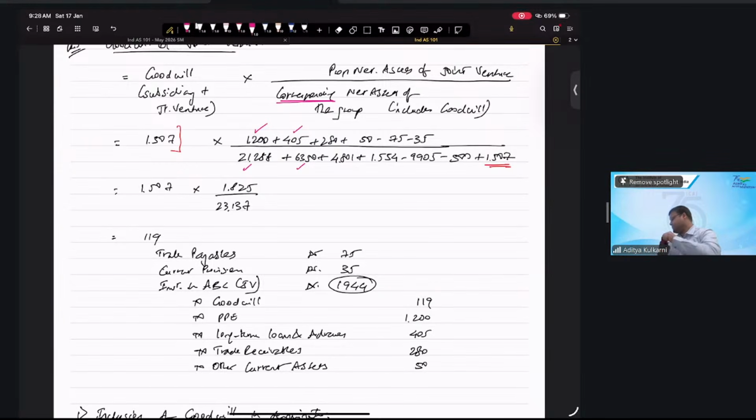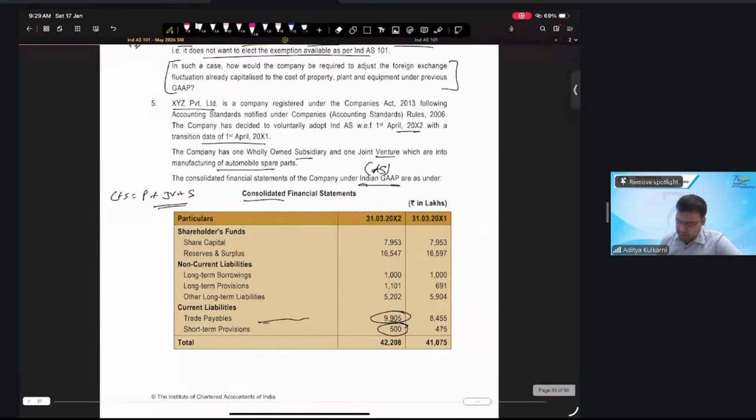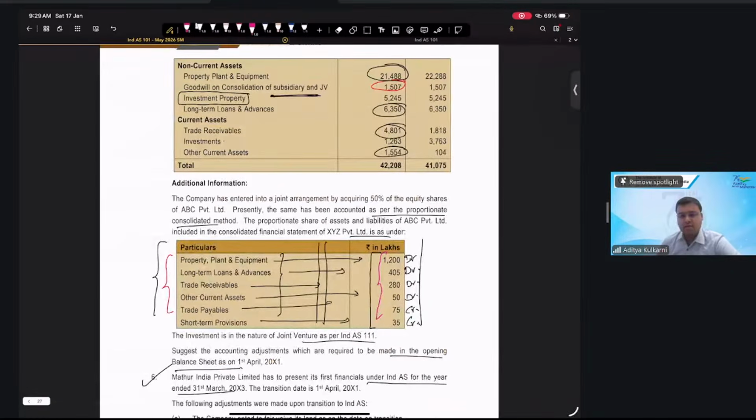That means when we prepare this calculation, the assumption is that parent does not have any property plant equipment of its own. Parent does not have any long-term loans and advances of its own; whatever is there is of the joint venture or the subsidiary.